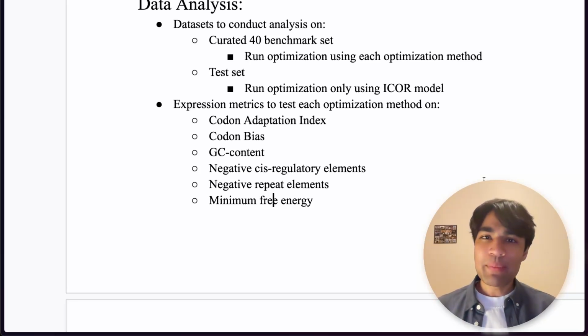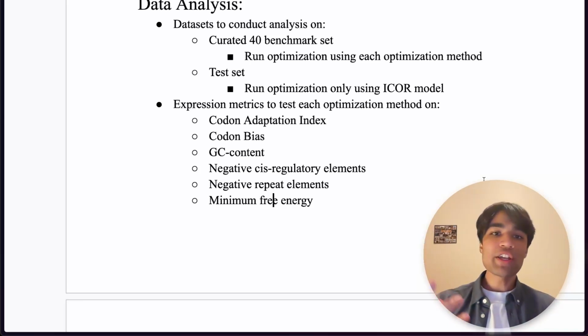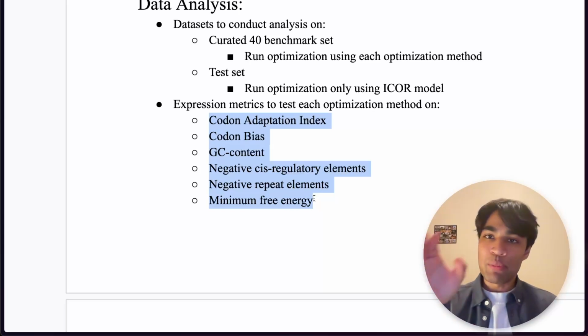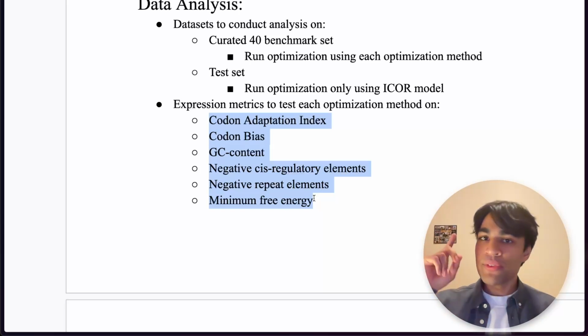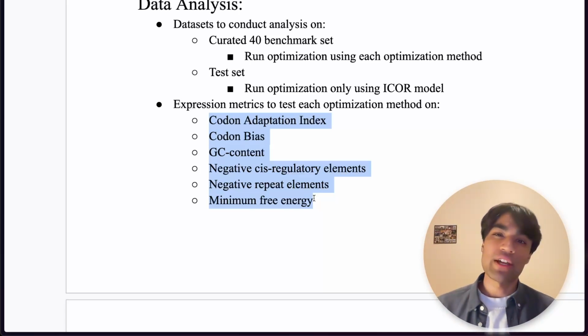And so what I'd recommend doing is peeling back our onion as many layers as possible and just having as many tests as possible. Be as rigorous as possible with your scientific method here. As you guys can see here, I tested it on 6 different metrics. That is really strong. In my previous year's work, I tested it on only 1 metric, and I got 3rd place at the Regeneron International Science and Engineering Fair.